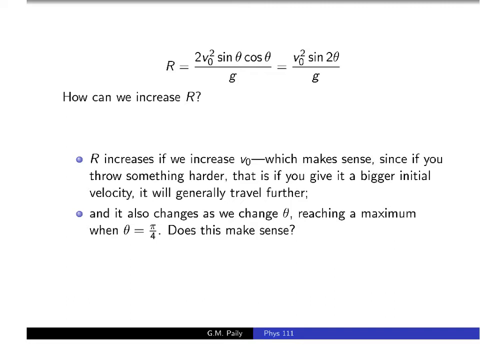That is, theta equals pi over 4 radians. This will give us the maximum range. So, theoretically, assuming no air resistance and keeping the launch speed constant, we will find the greatest range for a projectile when the launch angle is 45 degrees.